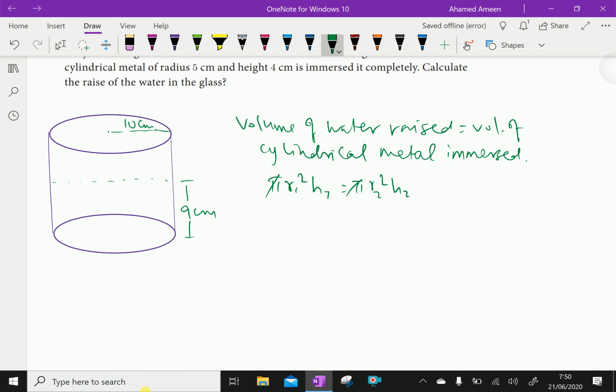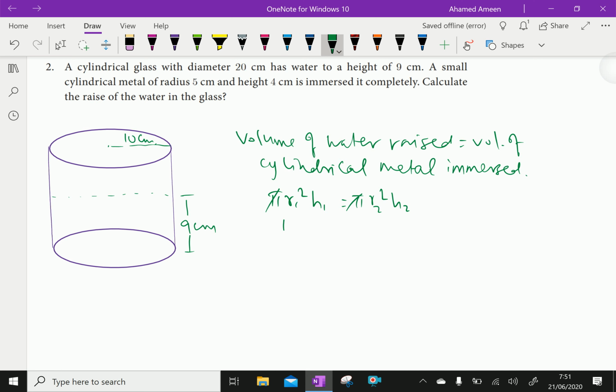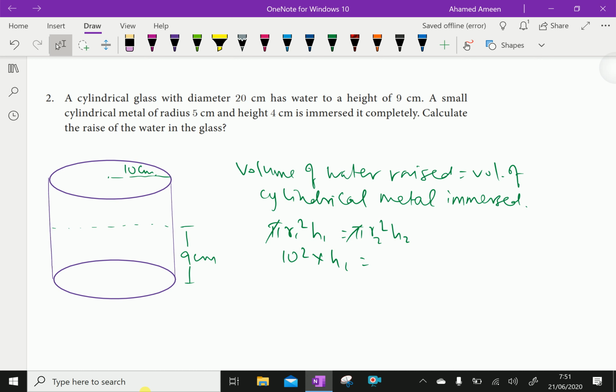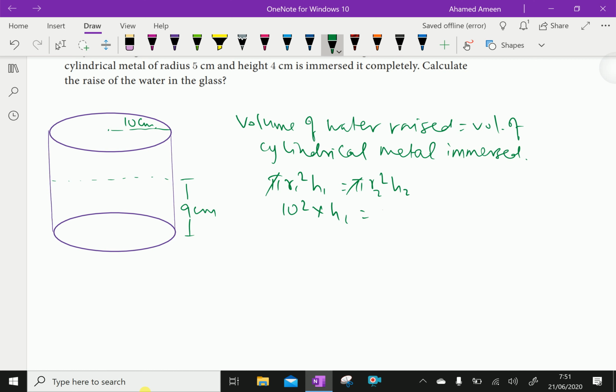Then R1, radius of the cylinder, is 10 squared into H1 equals the small metal radius 5 centimeter, R2 squared, 5 squared into H2, height is 4.